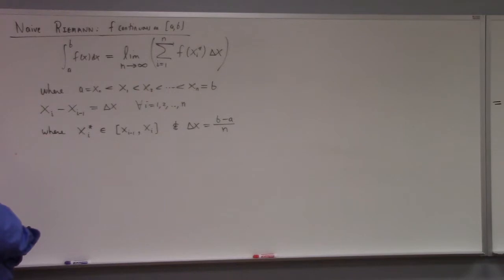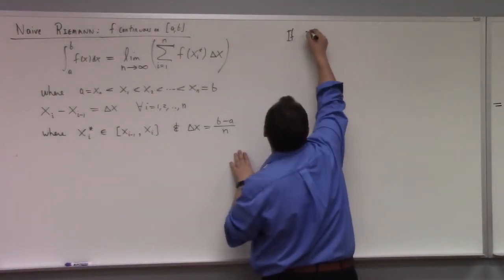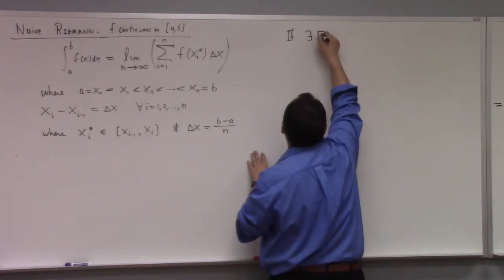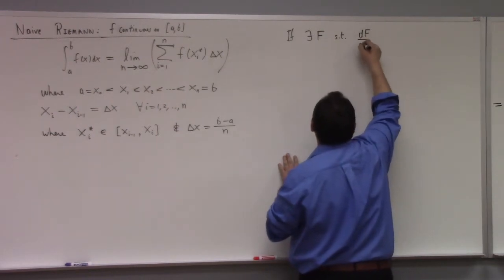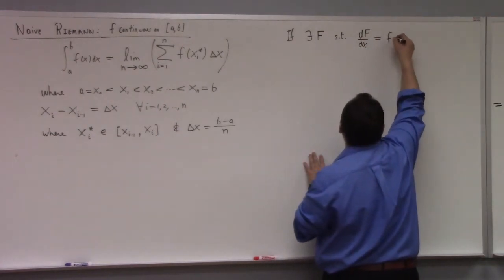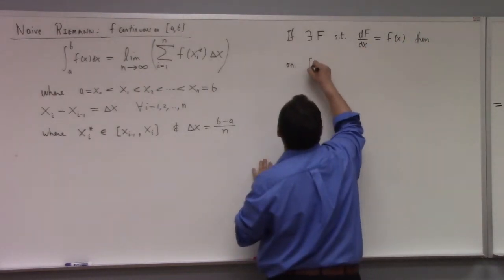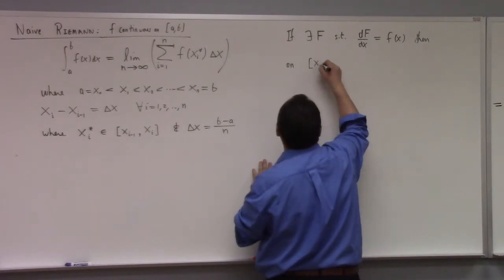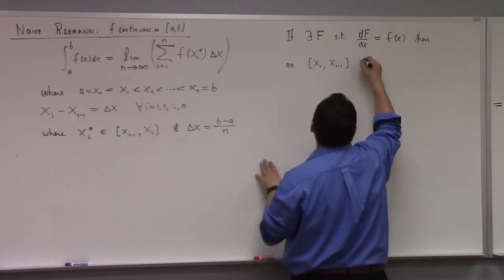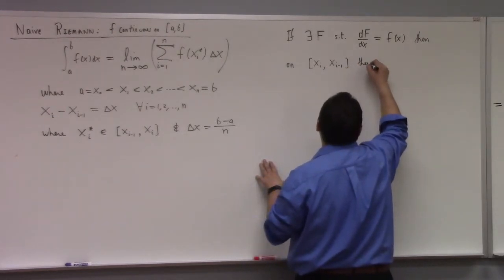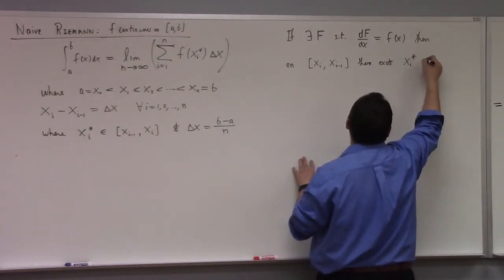Let's see here. What if, let's try something. If there exists a big F such that dF/dx equals the given f of x, then on the closed interval, and if we look at the ith subinterval, there exists x sub i star such that what?